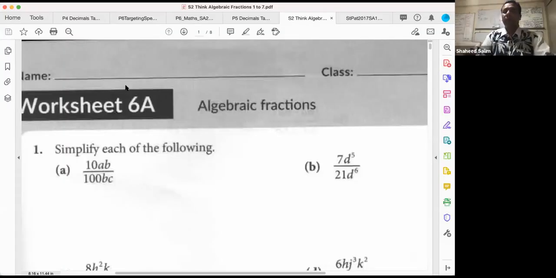Okay, hold on. Try the next one. Now, you know what's D to the power of 5, right? It's D times D times D times D times D. D to the power of 6 is D times D times D times D times D times D. That's what it means.